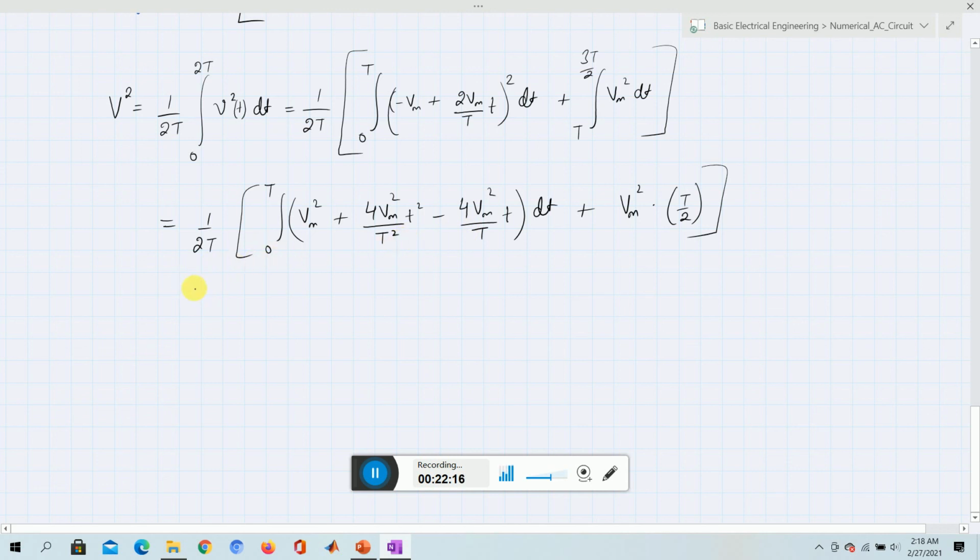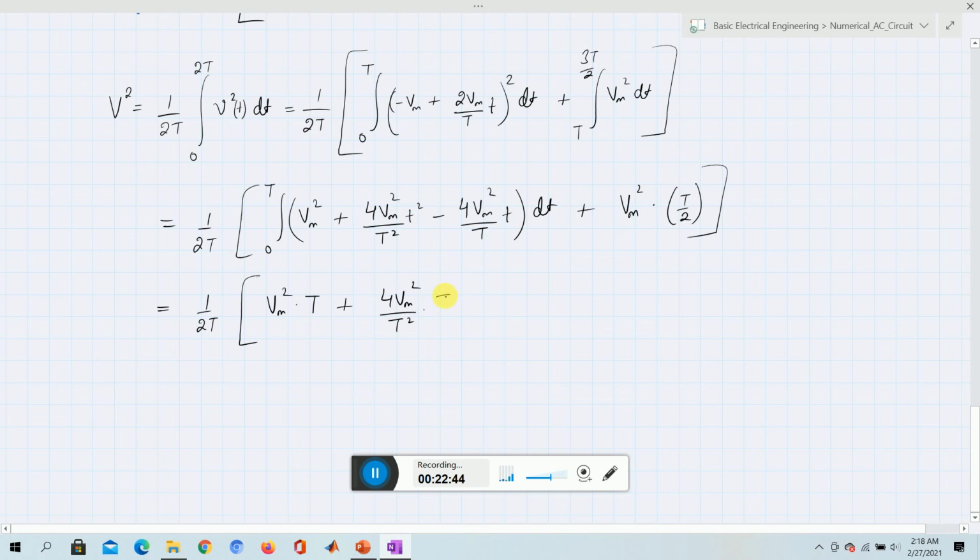Let us evaluate it. 1 by 2T. Let us do a little shortcut, like Vm square. Here we will have T, so just put the limit directly. Let us write quickly all these things. 4Vm square by T square. Integration of t square is t cube by 3.